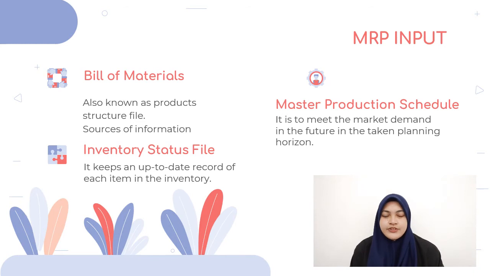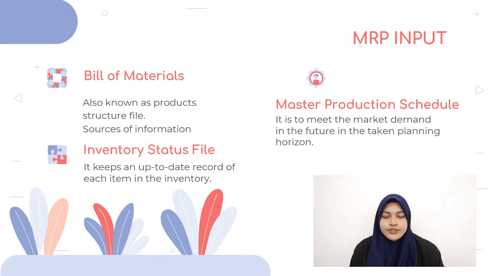Second, Inventory Status File, ISF. Inventory Status File keeps a complete and up-to-date record of each item in the inventory. It provides detailed information on the inventory such as item identification number, quantity on hand, safety stock level, quantity already allocated, and the procurement lead time of each item is recorded in this file.